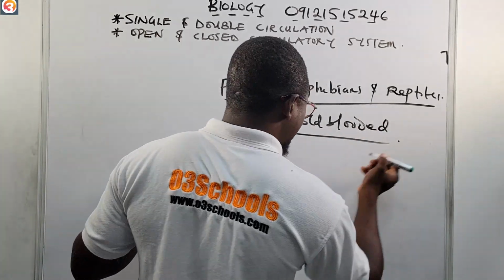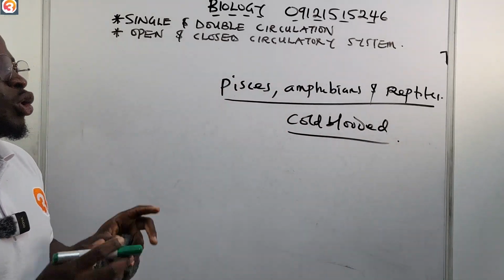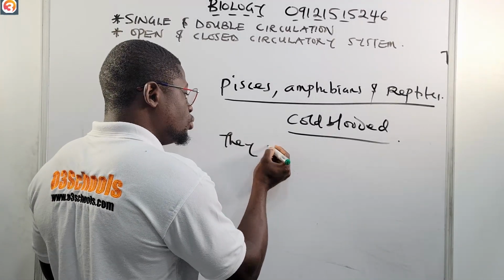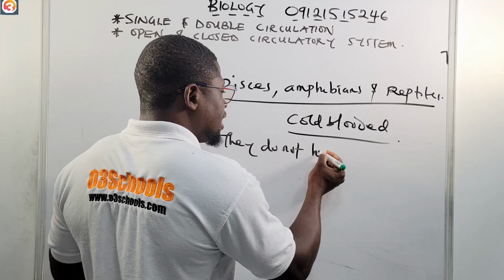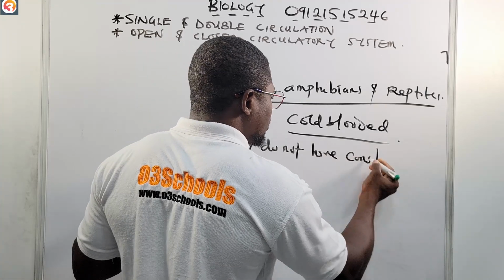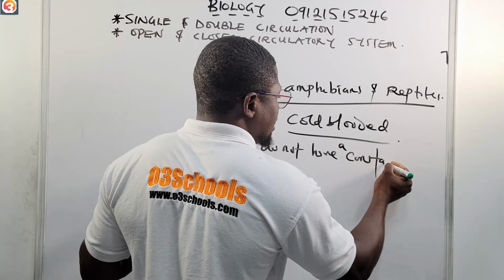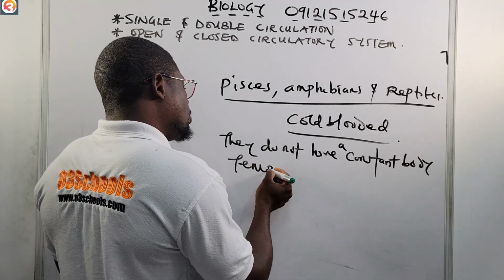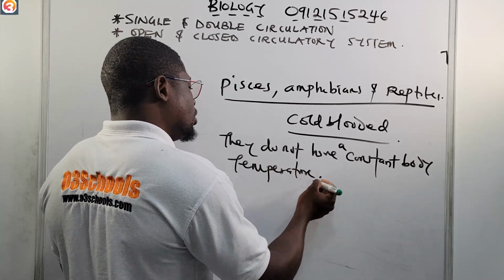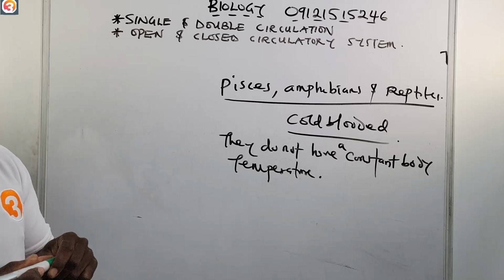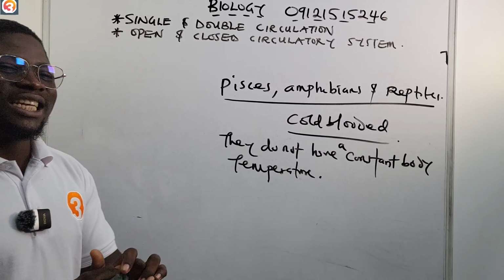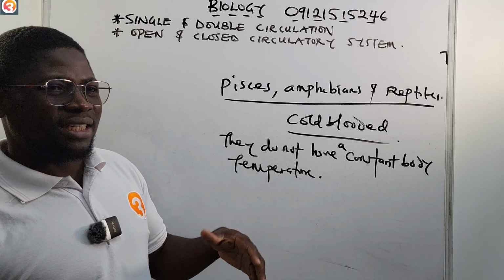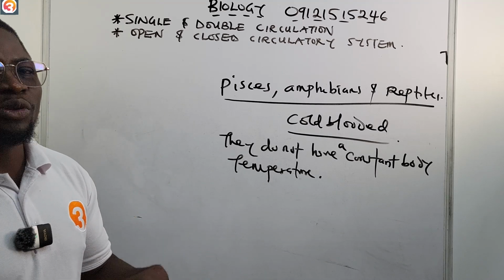They do not have a fixed, constant body temperature. What does this mean? It means that their body temperature changes. It varies with respect to their surroundings.